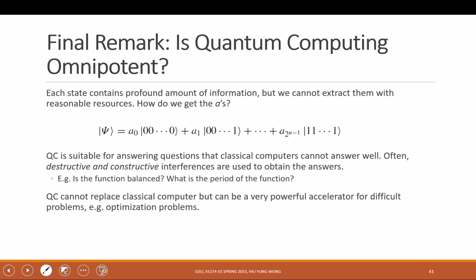For example, to check if a function is balanced, or find the period of a function, which we will not cover in this class. But just remember that while you can do a lot of things, you still cannot get all the information. So you come up with some clever tricks, right? In my opinion, the best is to combine classical computers and quantum computers, and that can speed things up. So I think quantum computers can be an accelerator, a $1 trillion business accelerator for our classical computers.